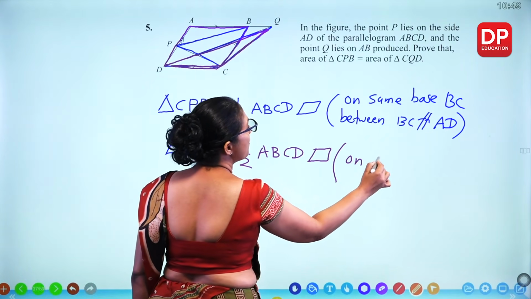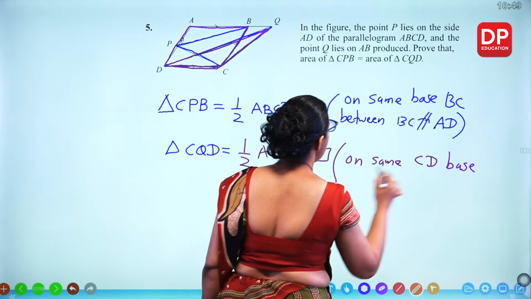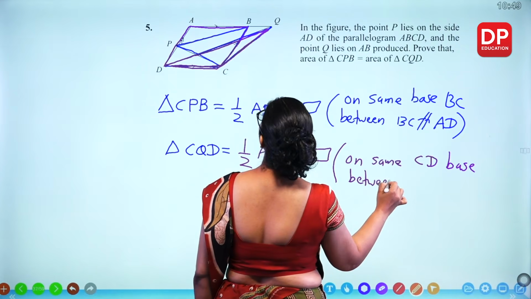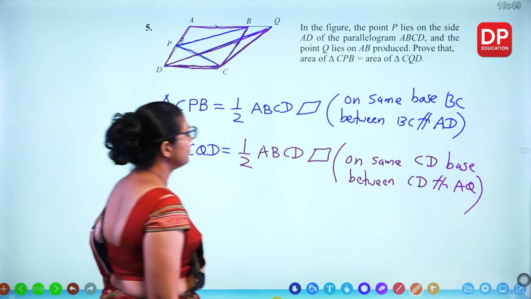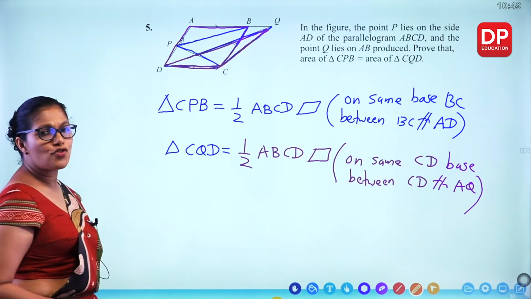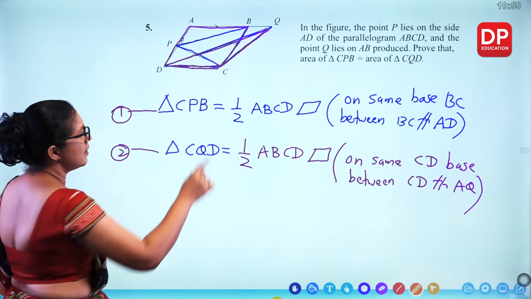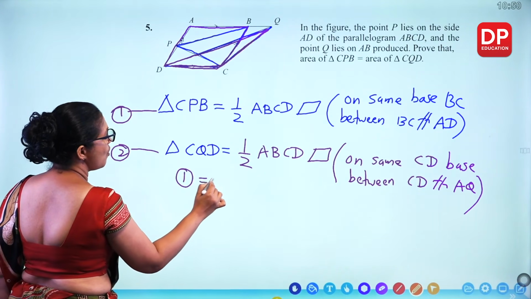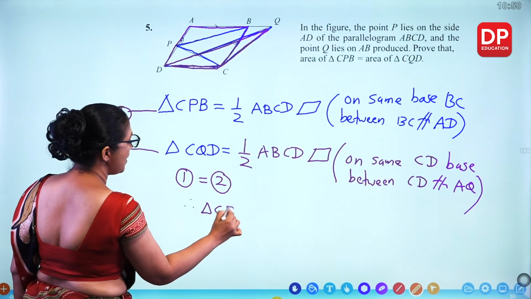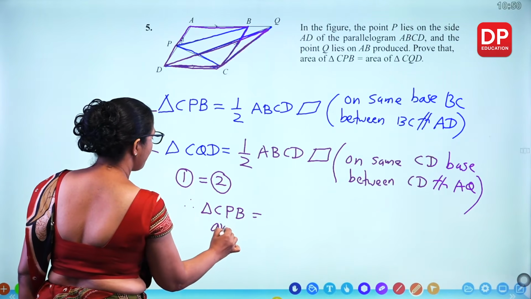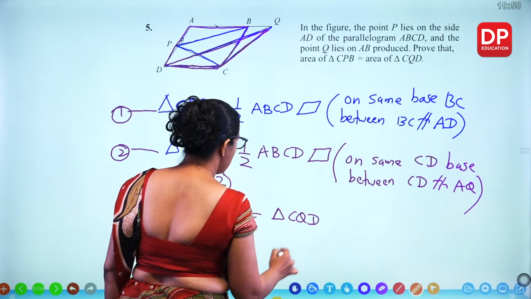Same CD base, and between the two parallel lines CD and AQ. What can you say about these two? The right hand side is equal. So according to 1 and 2, 1 and 2 are equal. So therefore, triangle CPB area is same as triangle CQD.